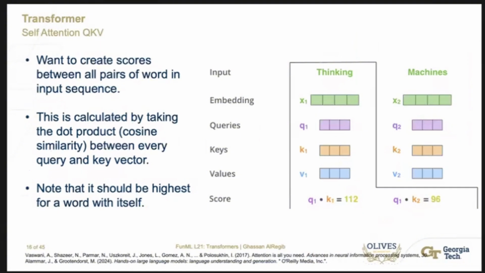Now let's take an example of the self-attention formula. We have two words, and we convert these words into tokens, and then we convert these tokens into the three vectors, the queries, the keys, and the values, and each token has its own vectors. If we wish to associate the word thinking with the word machine, we take the query of thinking and apply the dot product with the key of machines.